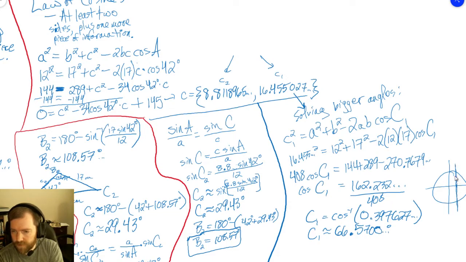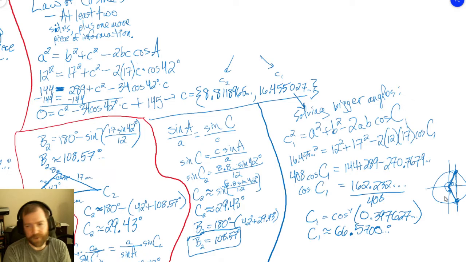So where does that put us? Well, that puts us here, and that puts us here. So this angle here is our 66.57 degrees, and this angle here is not. If you look at this, this is 300 and something degrees, or very nearly 300. Not quite, but it's a very large number.